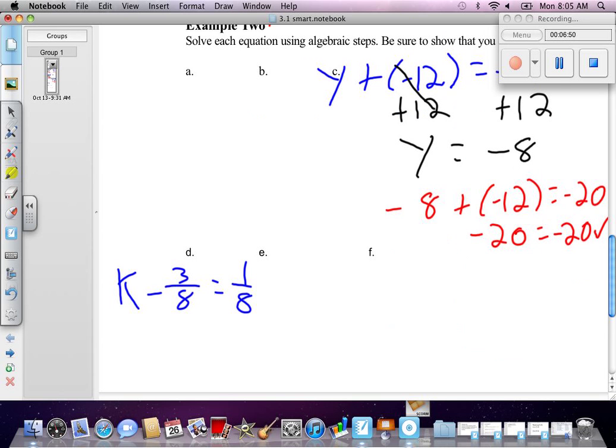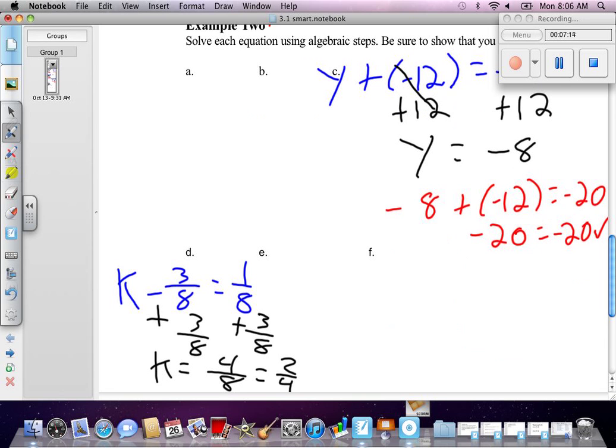So this looks complicated, but it's not because the bottoms are the same. So how do I get K by itself? Yes, Tyler. You have to add 3/8 because there's a negative in front of it. So I get K equals 4/8. And what is 4/8 reduced to? 2/4.